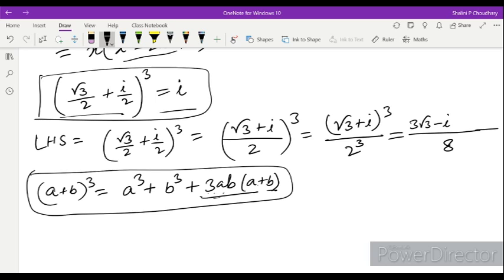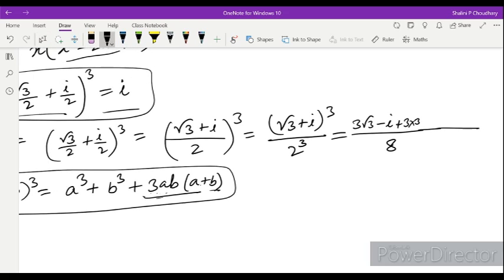So 3a square b will be 3 into a square, which is 3, and b, which is i. Then 3ab square: 3 into a, that is square root of 3, into b square, it means i square.